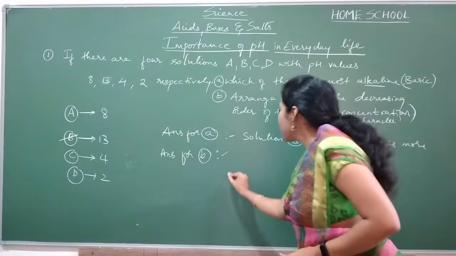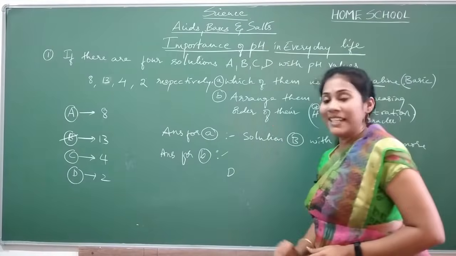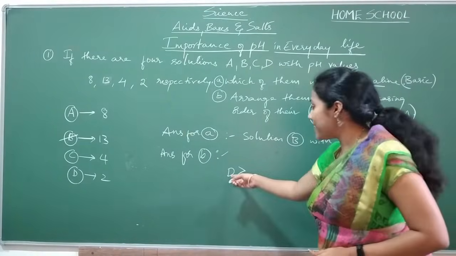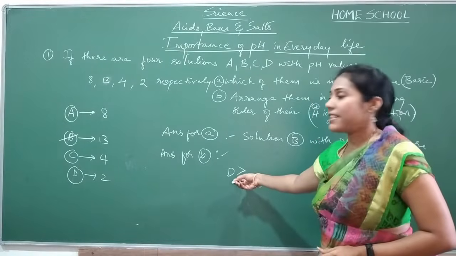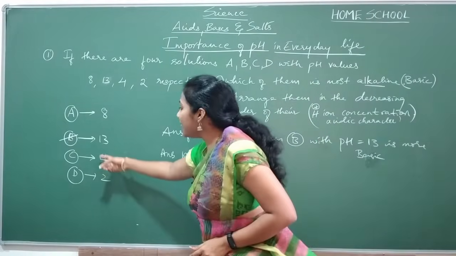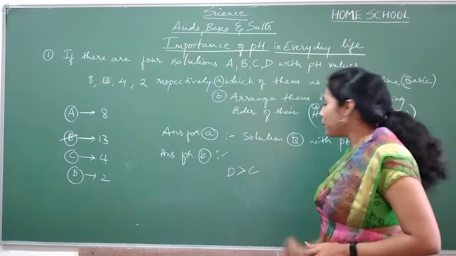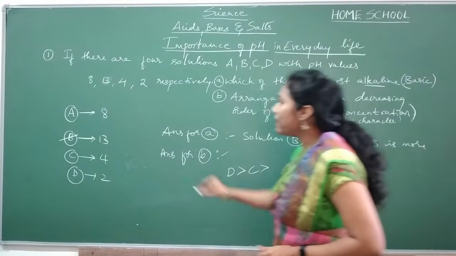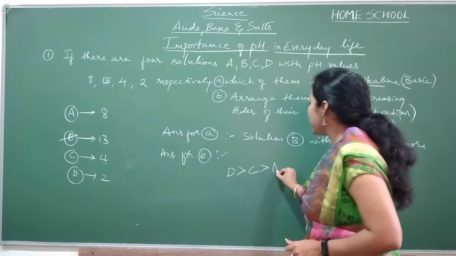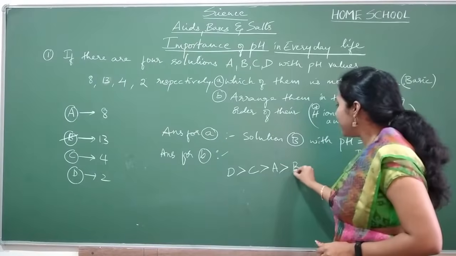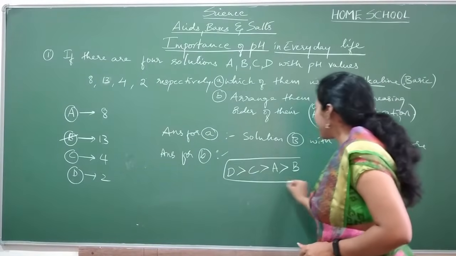D, right? So solution D has the lowest pH value, meaning the highest H plus ion concentration. After that, higher H plus ion concentration will be solution C. And after that, solution A. And after that, solution B. Right? So this is your answer.